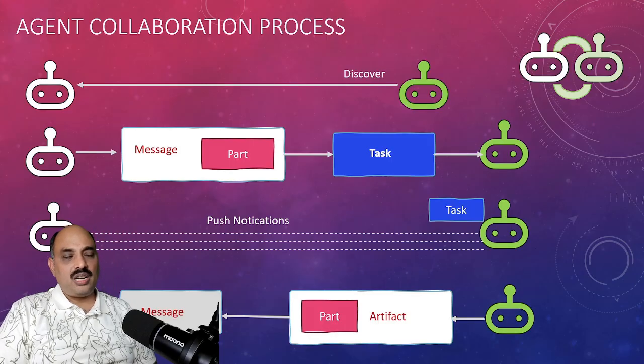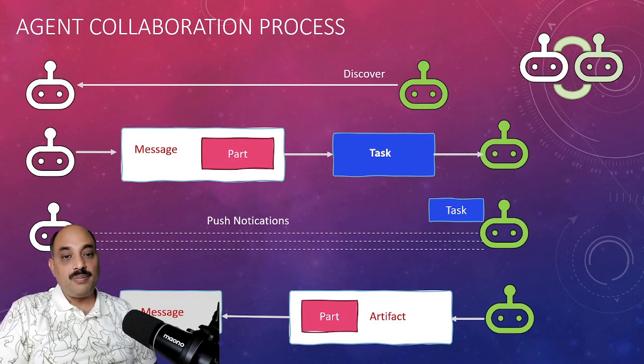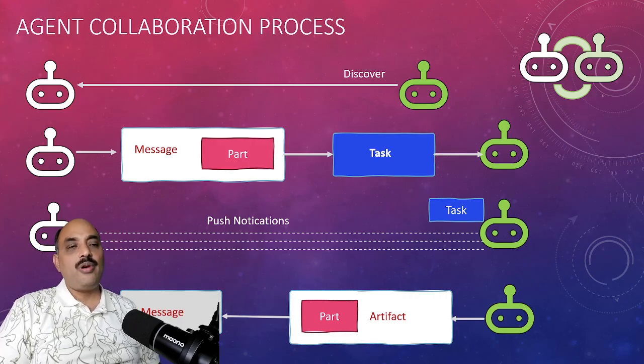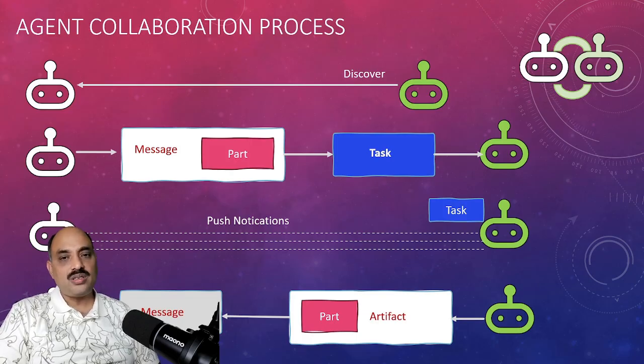Now you may ask me one question. Let us suppose a client agent is asking a server agent, the server agent has asked agent A, and agent A has responded something. Will I be able to see that transparently? That depends on how your server agent decides whether it wants to keep the state transitions completely transparent to the client, or the state transitions are abstracted out to a level where it only makes sense for the client to understand on a need-to-know basis.